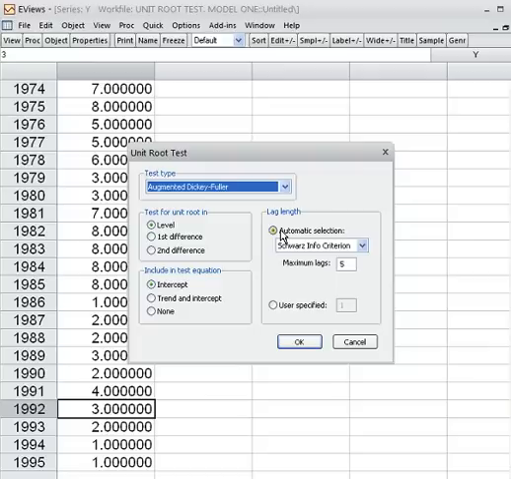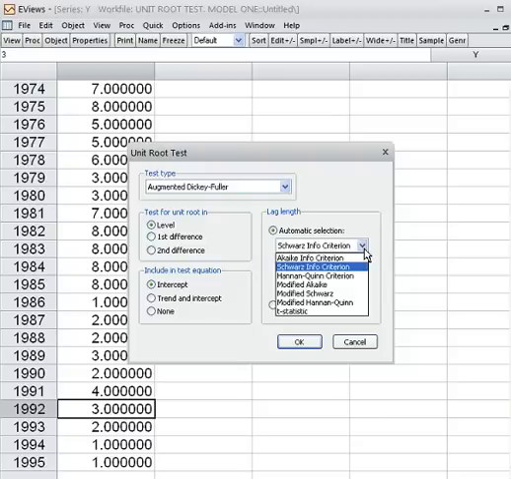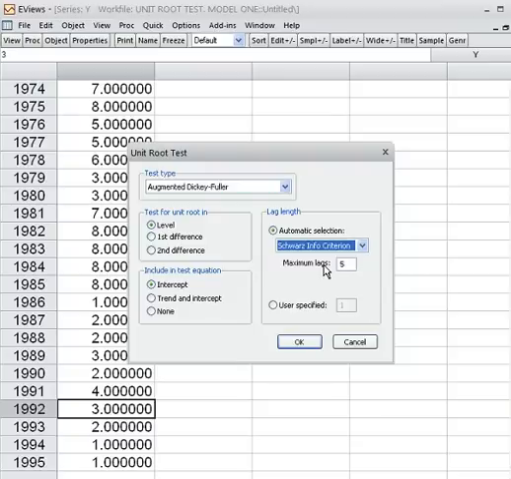That means the software will decide how many lags should be there. So automatic selection, and I choose Schwarz information criterion. You see there are many criteria. Suppose I choose this one. According to the software, it has chosen a maximum of 5 lags.